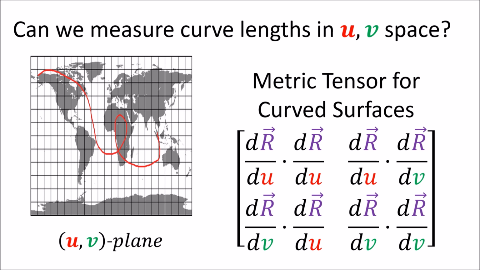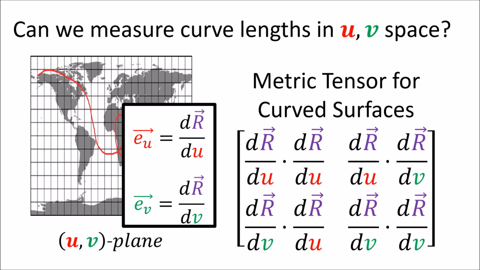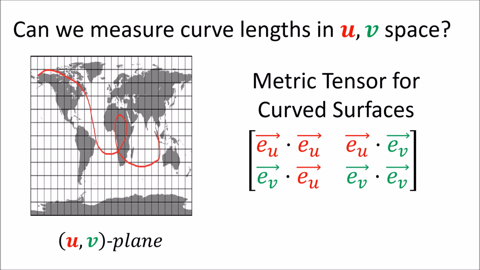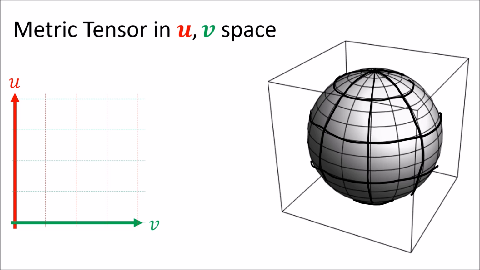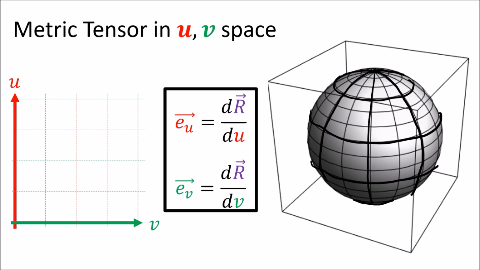and sometimes as an alternative to the derivative notation for the basis vectors, we can also use the EU and EV vector notation like this for the basis vectors instead. So using that notation, the metric tensor would look like this. And remember, these EU and EV basis vectors are just the tangent vectors along the U curves and the V curves on the surface.